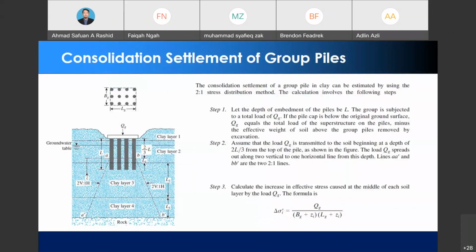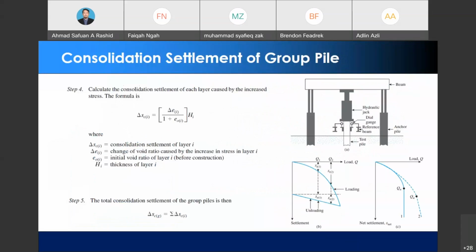So you need to get the value for the settlement of the group of piles. For example, this case is on the friction type. Then this is for the settlement calculations for the group.